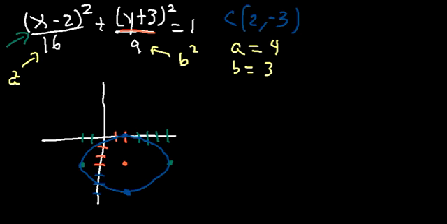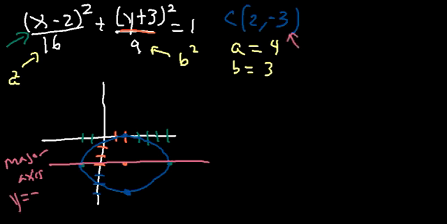So let's identify what's the major axis and what's the minor axis. The major axis, is it vertical or horizontal? The major axis is wherever a is. A is along the x-axis, so the longer side is the major axis. The major axis is at y equals -3, because it's horizontal.